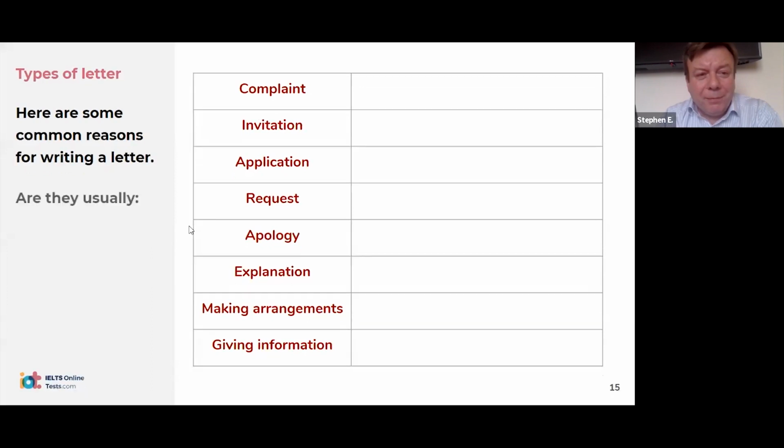So let's have a look at the complaint first and what style they're going to be written in, because remember, that's in the examiner's descriptors when they're rating, so it must be the appropriate tone when you're actually writing the letter. So complaint, what would we have there? Formal, semi-formal, informal.